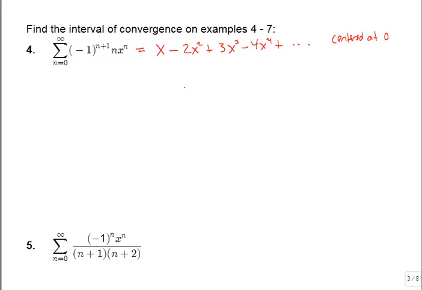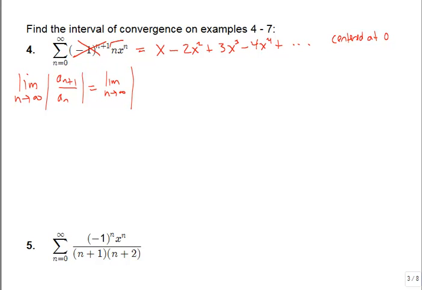So to start off with, if you want to find an interval of convergence, you're going to look at that same limit that we did earlier for radius of convergence. So the limit as n goes to infinity of a sub n plus 1 over a sub n. Now when we're doing the ratio test, we're doing an absolute value. So that knocks out that alternating piece, and we can ignore the negative 1 to the n plus 1.